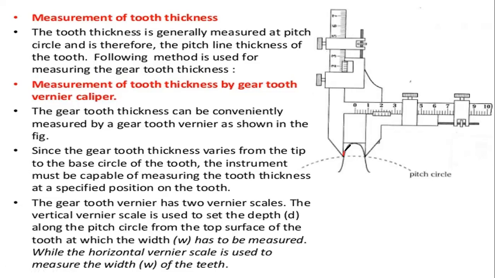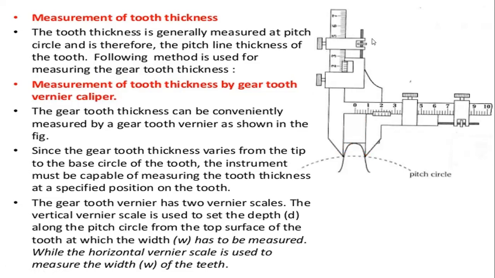This is the tooth which the jaw tips are going to touch, but not the flat faced end. This is the flat faced end. These are not going to be touched, only the tips of the jaws are going to be touched.